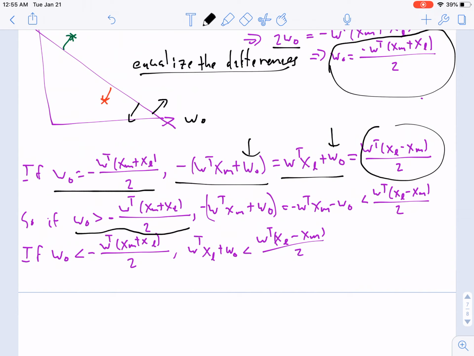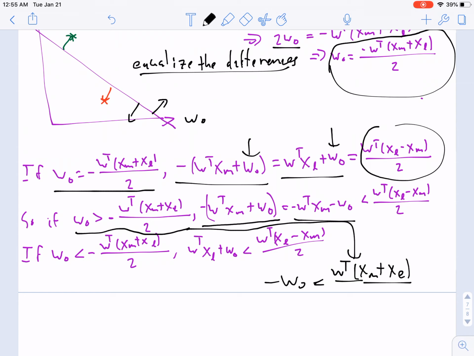Well, in that case, I claim that we are closer to the point M. Just distributing the negatives out, this implies that negative W naught is less than W transpose times XM plus XL over 2.